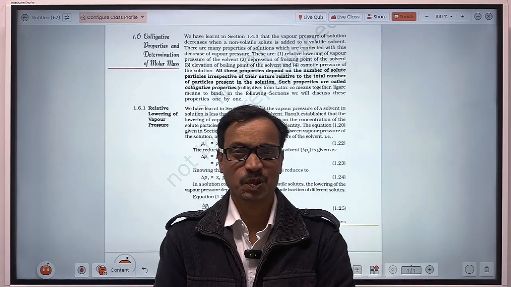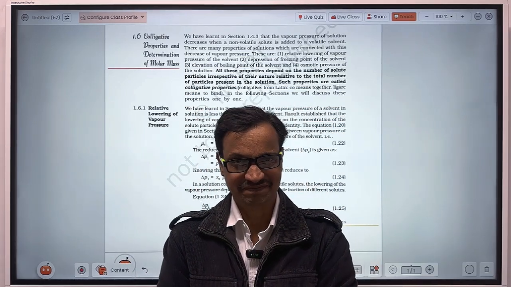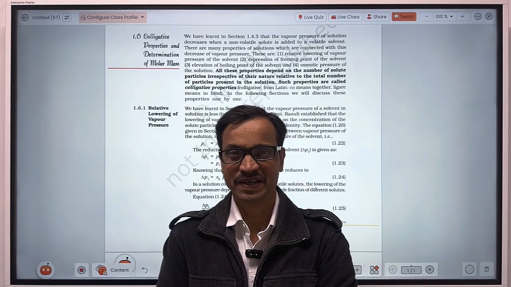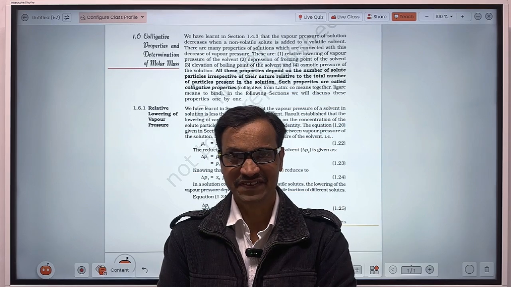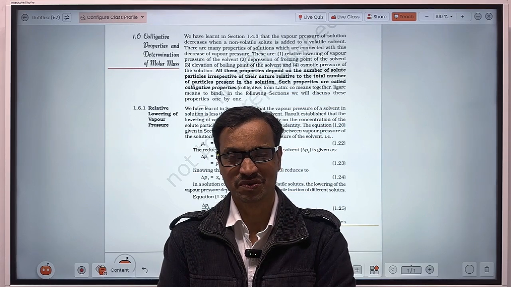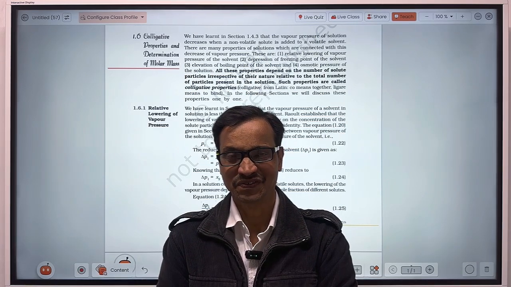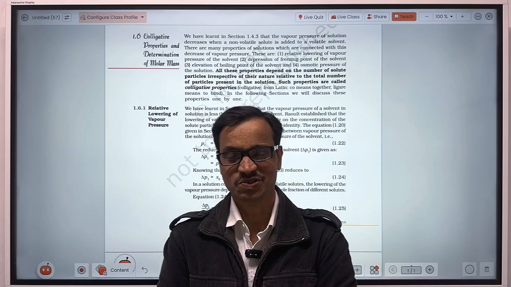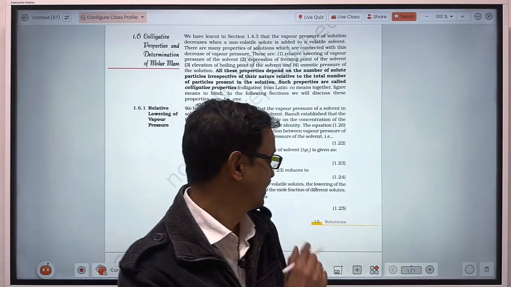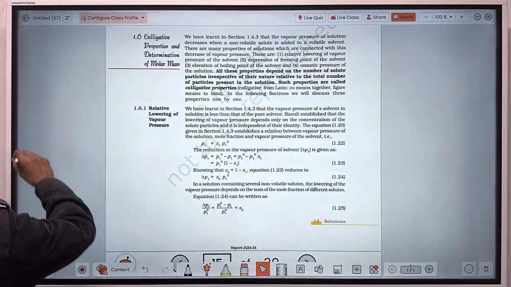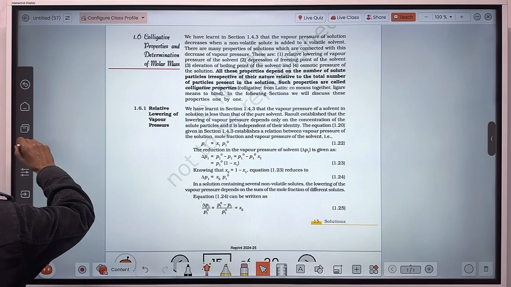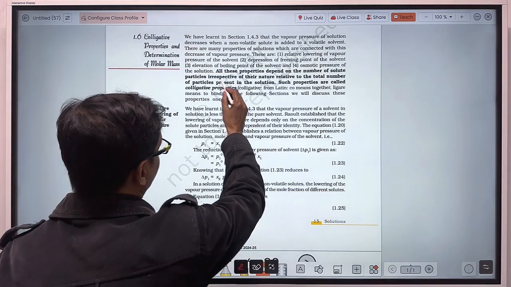That means those properties of the solution which only depend on the relative number of moles of solute particles and do not depend on the nature of solute or the solvent particles. That is already mentioned here, written in the NCERT books.